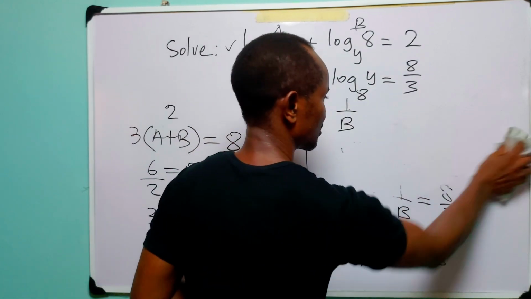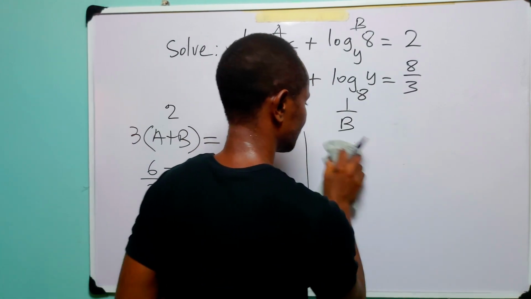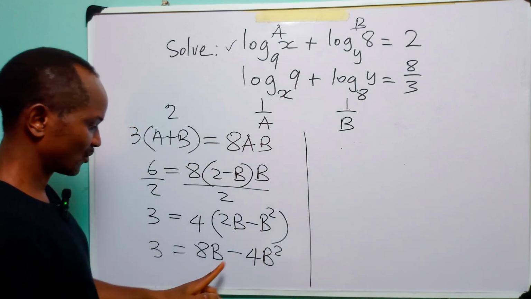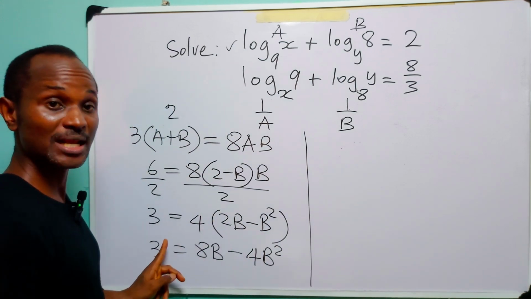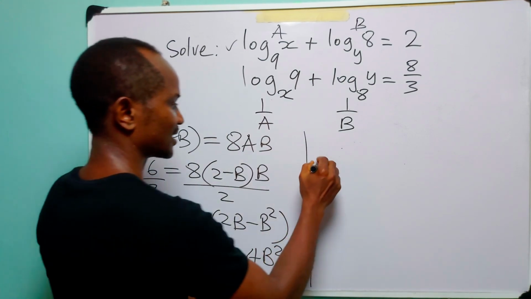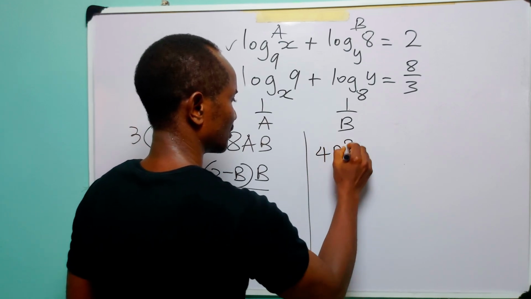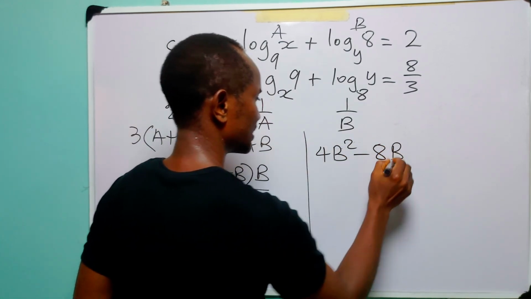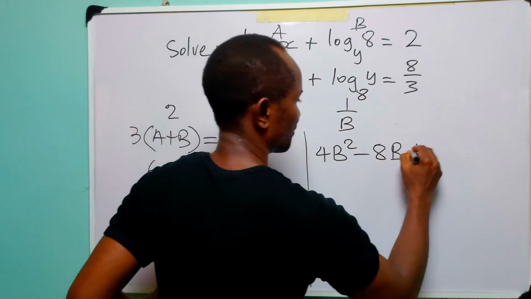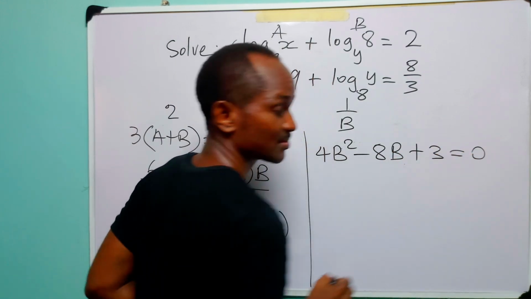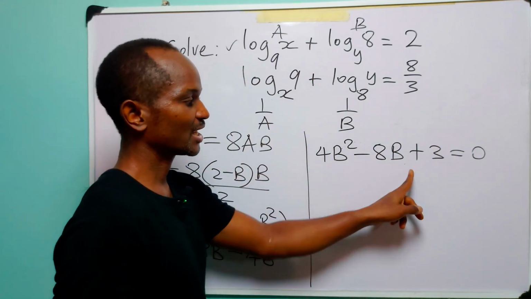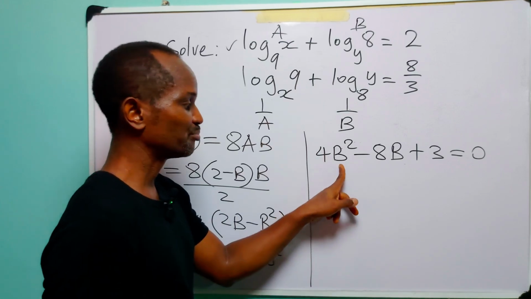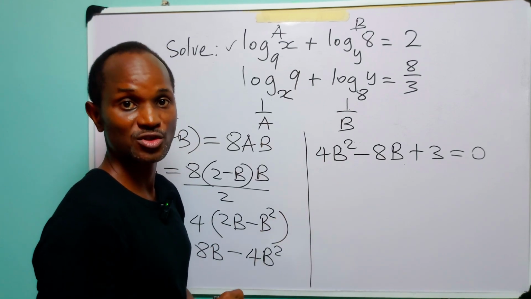Rearranging this equation, we can bring all the terms over to the left-hand side, and when we do that, we have 4b squared minus 8b plus 3 is equal to 0.